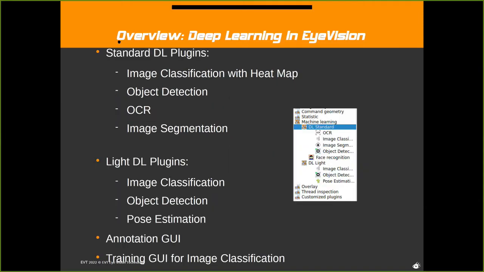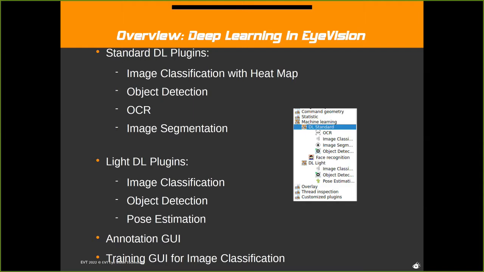In the EyeVision, we have so far the tools to execute this kind of models for image classification with the feature of the heat map, object detection, image segmentation, but also optical character recognition. We have also some of these plugins in the light version. What is the light version? These are the plugins that we normally use when we have weaker hardware like Raspberry Pi, because while executing a model, we sometimes do it on CPU, but with weaker hardware, it can take much more time.